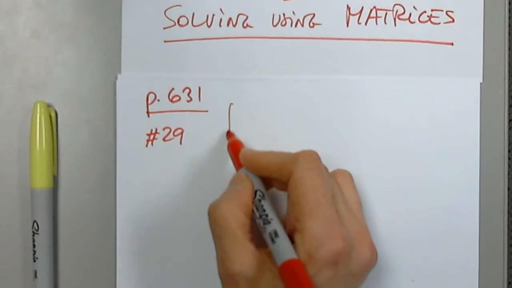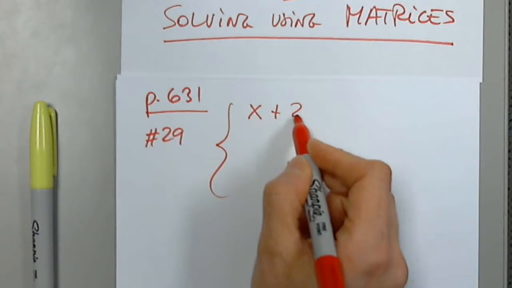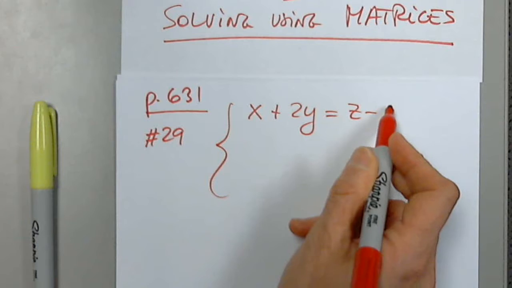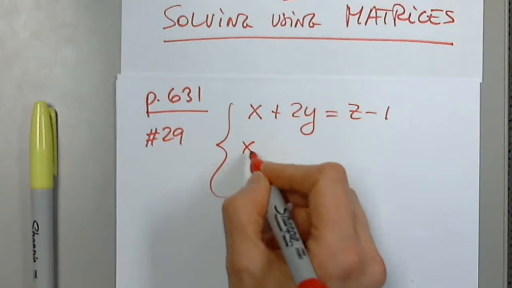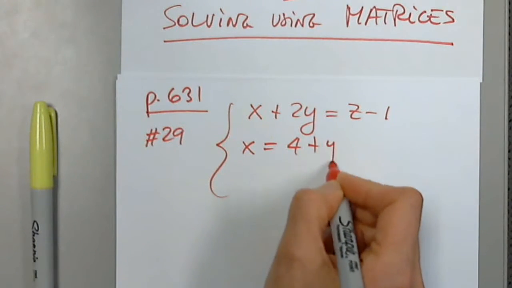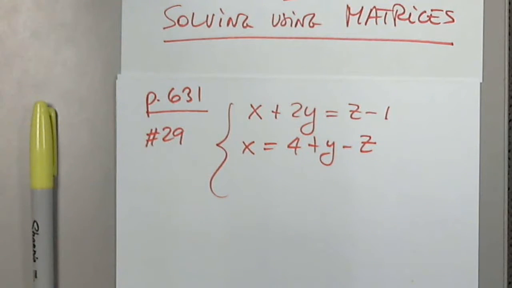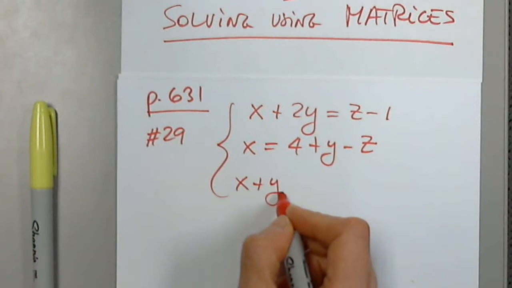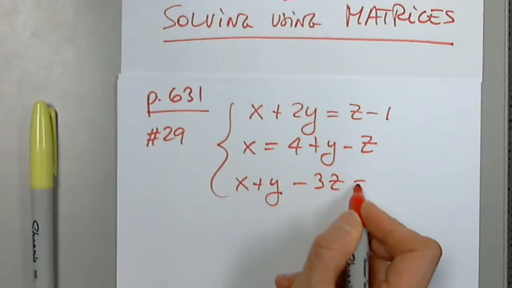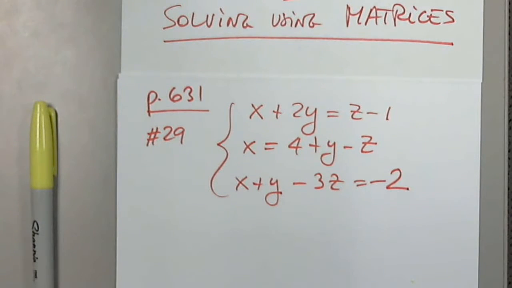Number 29. X plus 2y equals z minus 1. X equals 4 plus y minus z. X plus y minus 3z equals negative 2.